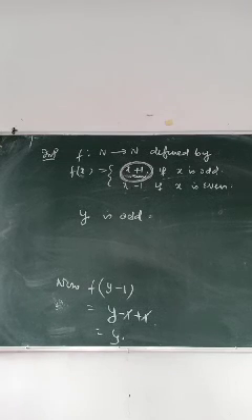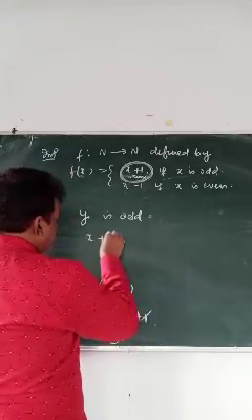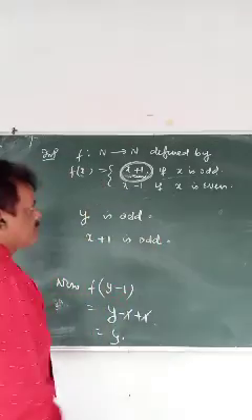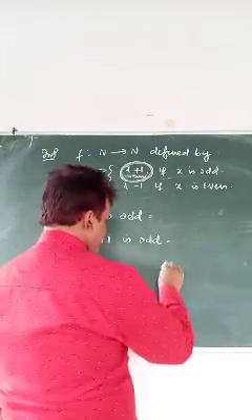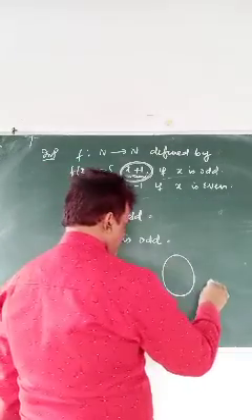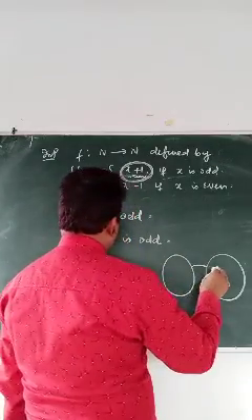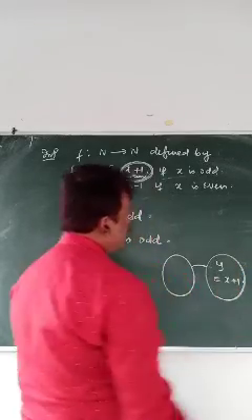So what will be the value here? X plus 1 is odd. So what should be the x? Look here. This is y, which is x plus 1 will be odd.